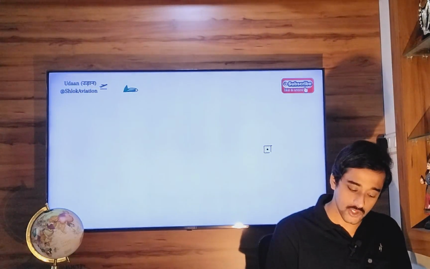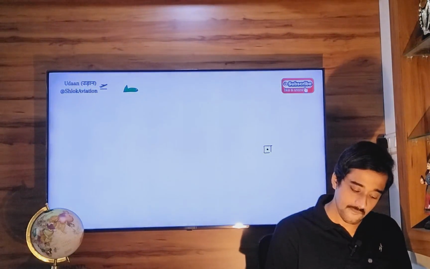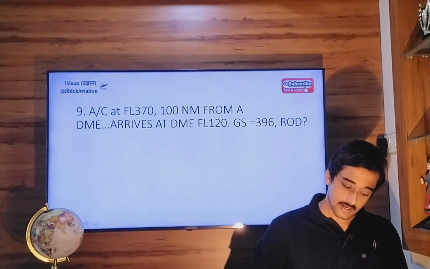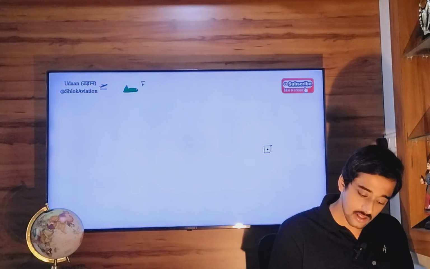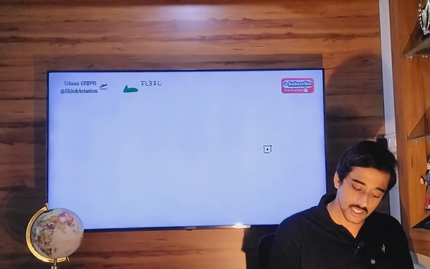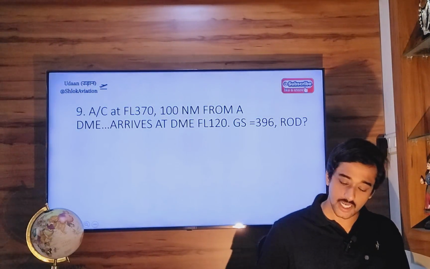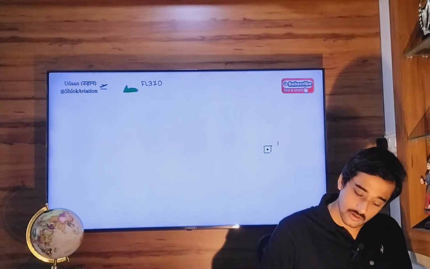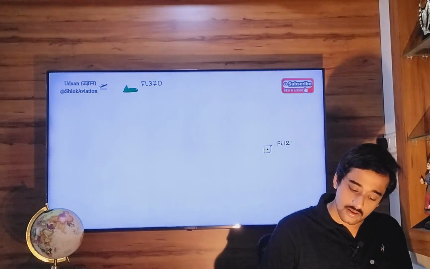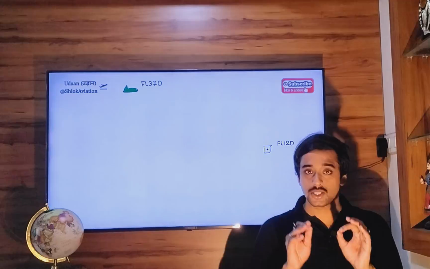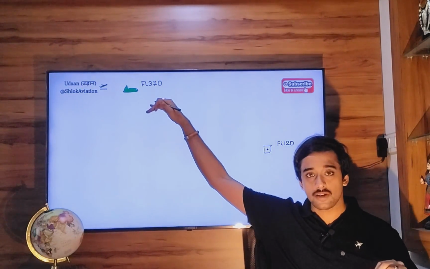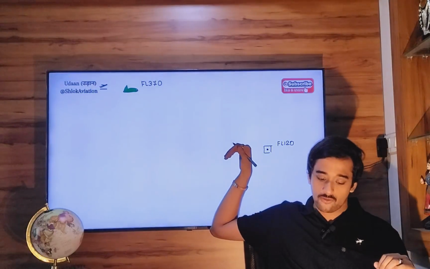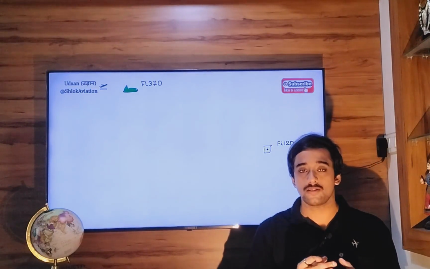Aircraft is in the atmosphere at flight level 370. The DME station is at flight level 120, meaning aircraft has to descend from a level of 370, 37,000 feet, to a level of flight level 120, that is 12,000 feet.